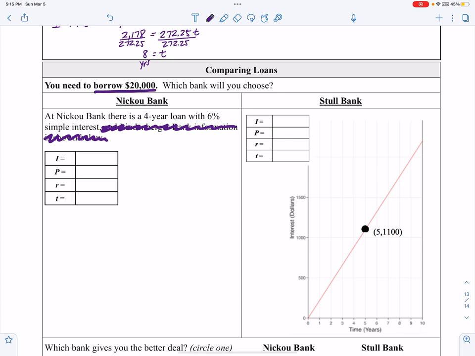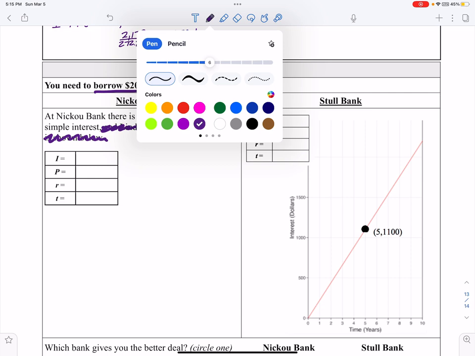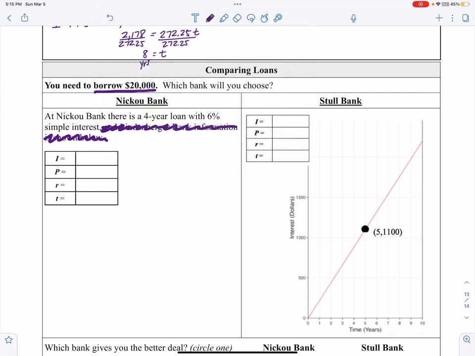We're borrowing $20,000, and so this is our principal, the amount that we're borrowing. Then let's see, we have a 4-year loan. This is our time with 6% simple interest rate. It doesn't say rate, but you need to understand that when we're talking percent, that is the rate.